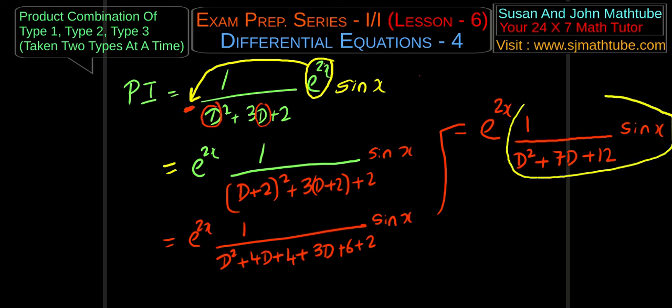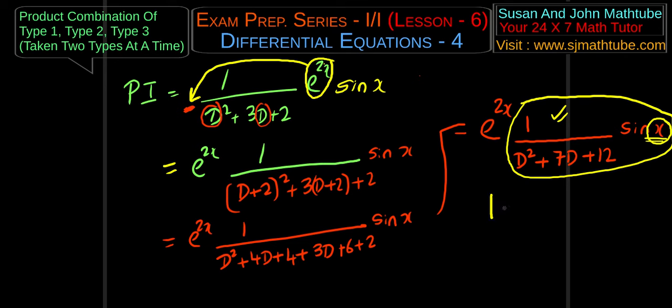Look at this. We learned type 1, type 2, type 3. Isn't this type 2? The particular integral of type 2? Exactly. So what do we do next? We have sin x. That means the argument is 1 into x.